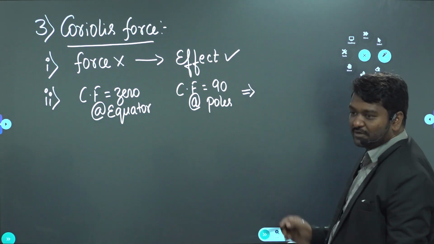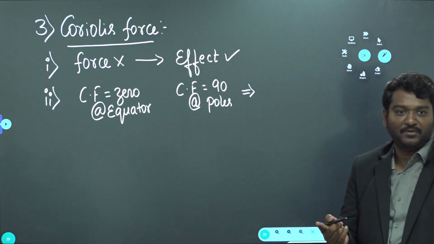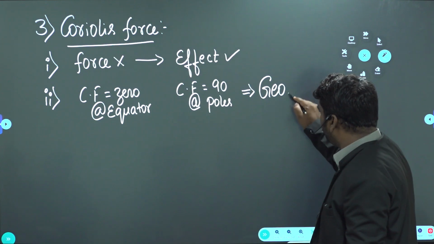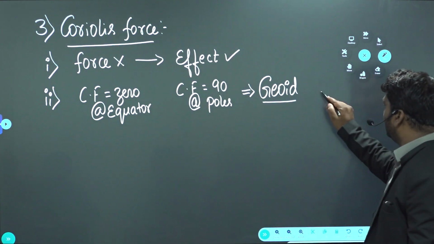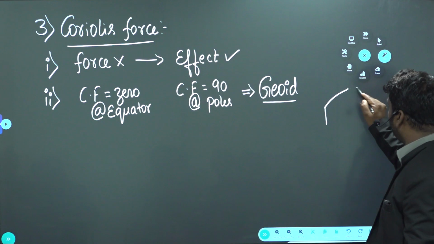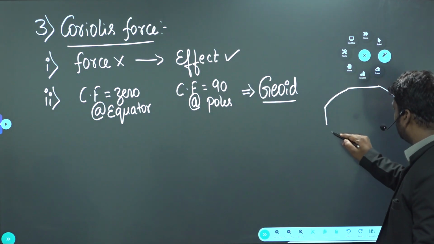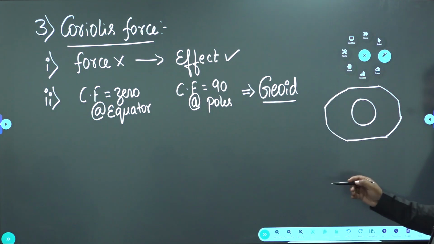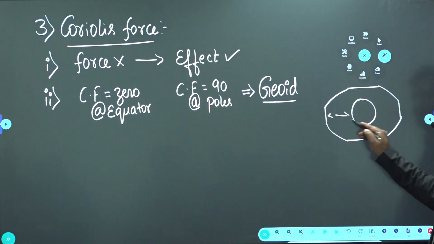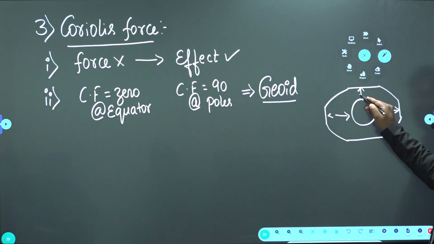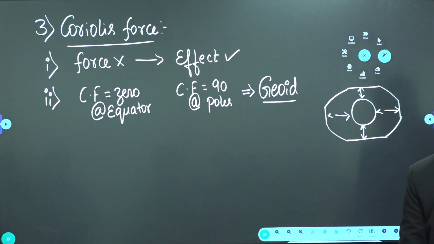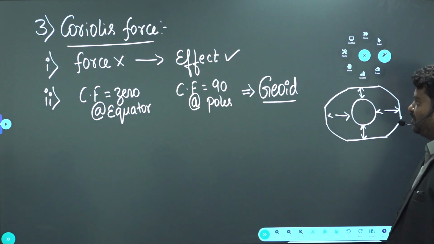Coriolis itself is rotation of the earth, but why is it minimum near equator, maximum near poles? Geoid shape of the earth, that is bulged near equator, compressed near the poles. Because of geoid shape of the earth, we observe Coriolis force is 0 near equator and maximum near poles.